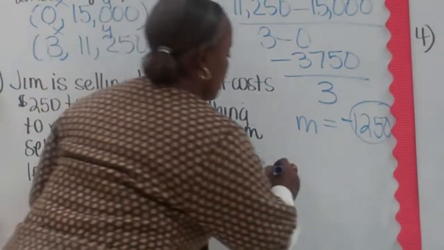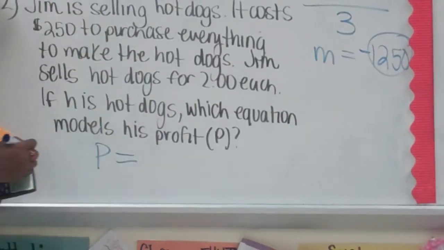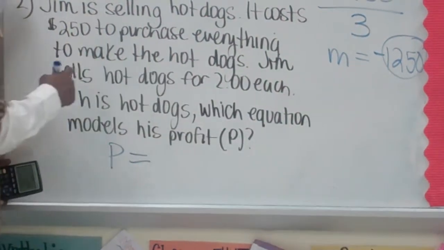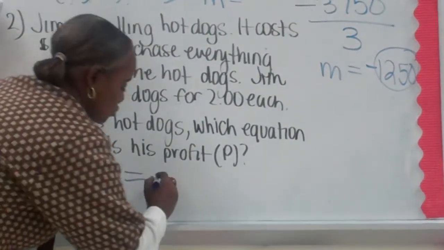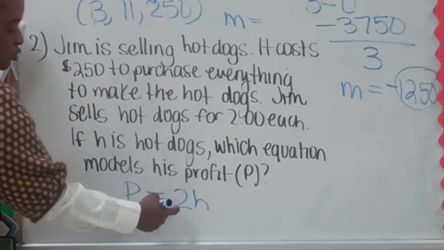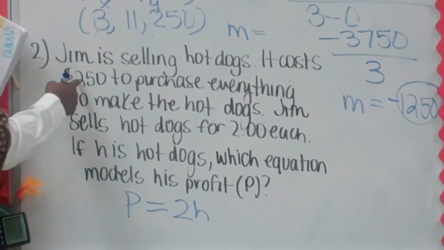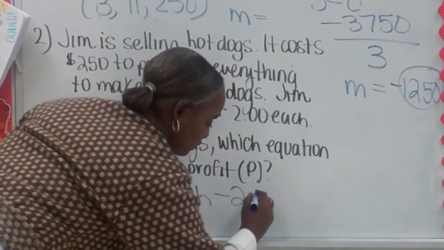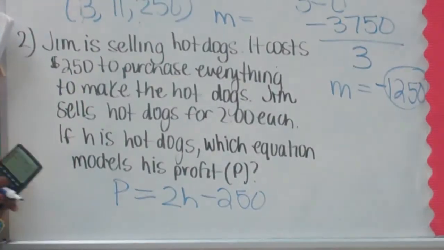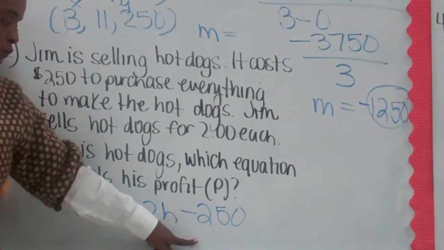All right, so Jim's profit is going to be equal to $2 each for each hot dog. So 2H, if H is hot dog, so $2 per hot dog, but Jim owes $250. So we're going to subtract off $250. So his profit is 2H minus his initial cost of $250.